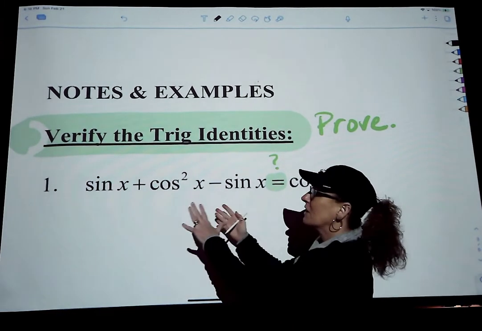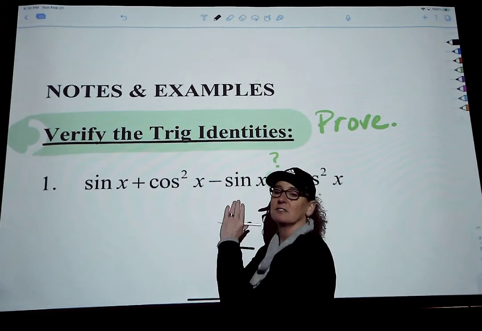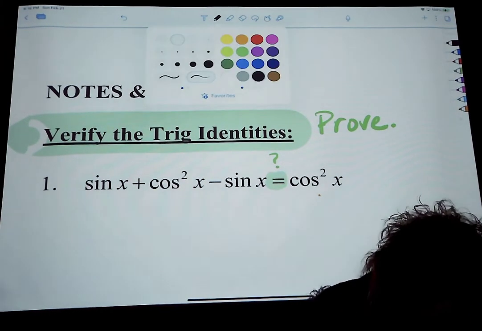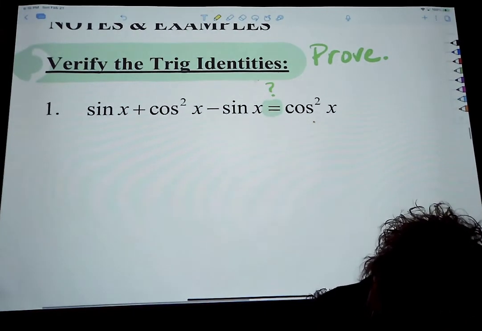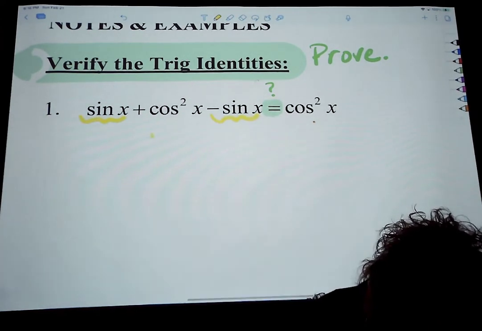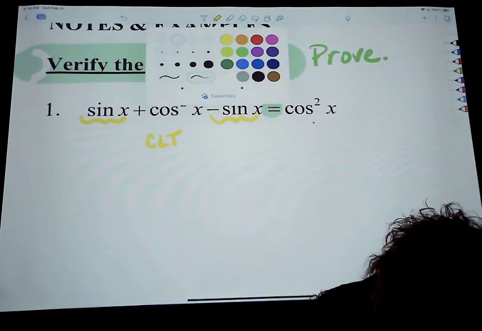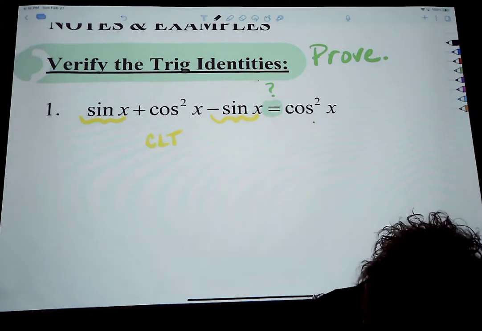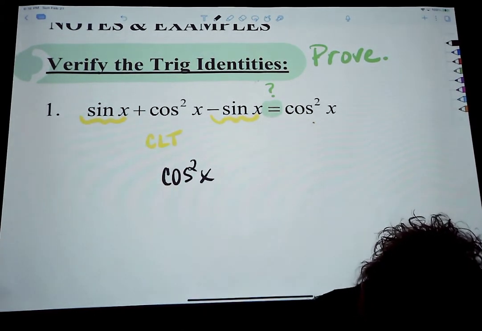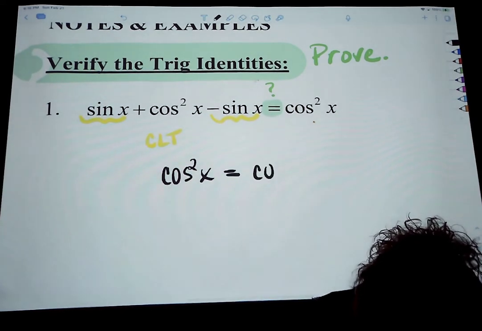So just looking on the left, is there something you can do just on the left side? I think you probably see it. See this term? How about we collect like terms? Does that sound good? I get cosine squared, my sines are gone, equals cosine squared.